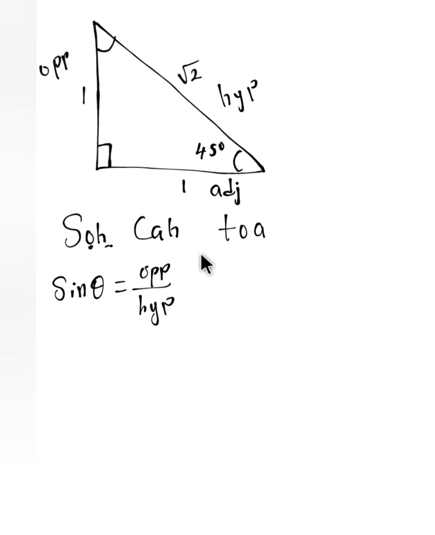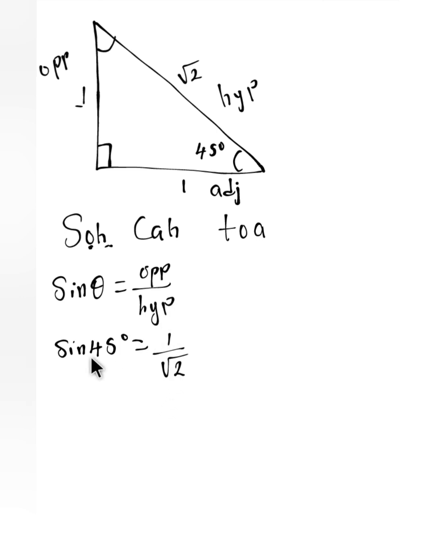Applying this formula in the triangle, we have that sine 45 degree, which is theta, is equal to opposite. Opposite is 1 over hypotenuse. Hypotenuse is the square root of 2. Hence, sine 45 degree is equal to 1 over the square root of 2.